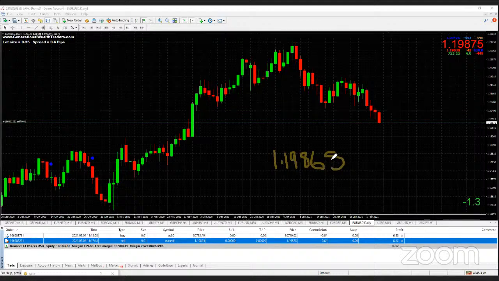That was our entry price. Now that's the current price now. So you can see, the price at which we entered is lower than the current price.